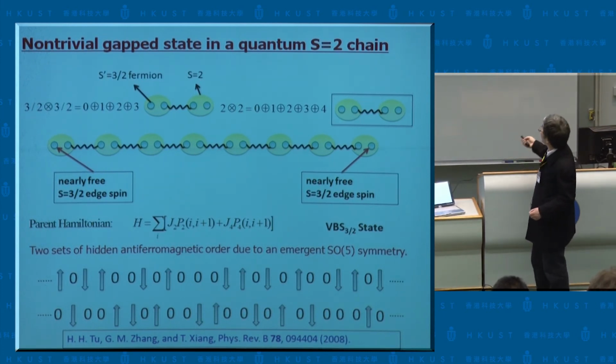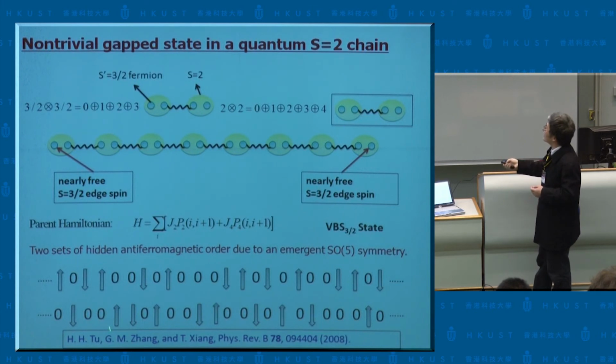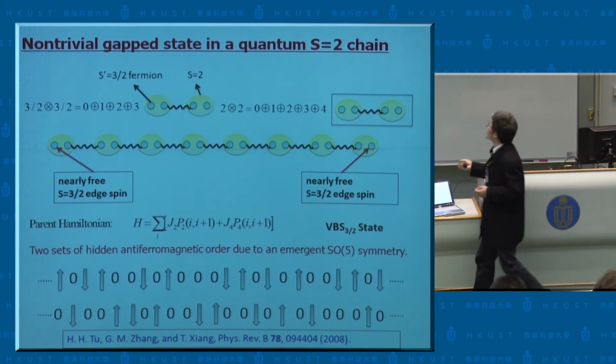If you look at the spin configuration on each set, you can see that it is very similar to the spin 1 configuration in the ground state. The other set is also the same. However, we have to obey a local constraint.